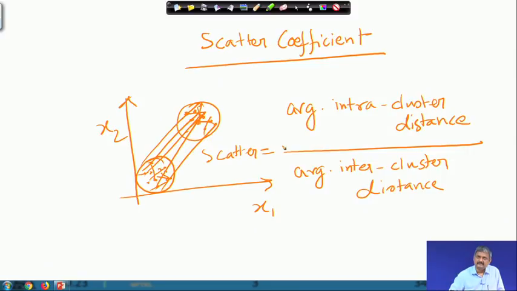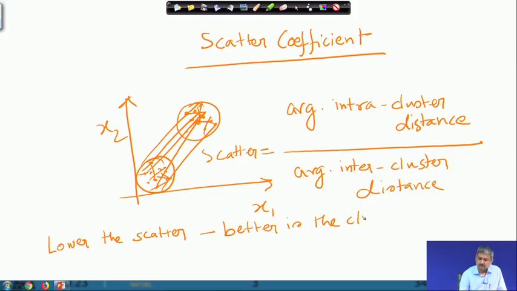Given a set of points, given a partition into two groups, you can always measure the scatter, and the lower the scatter, the better is the clustering.